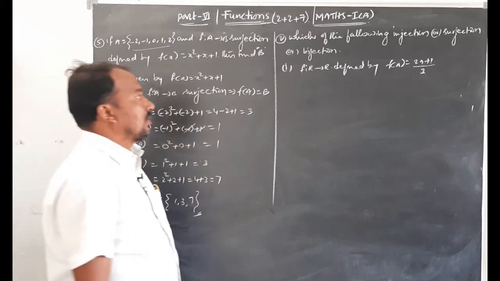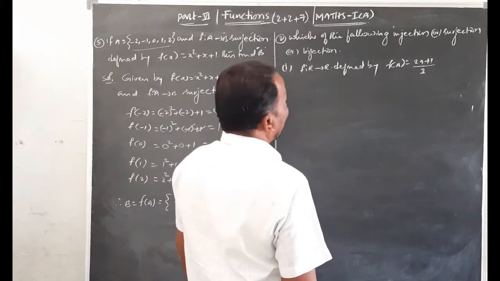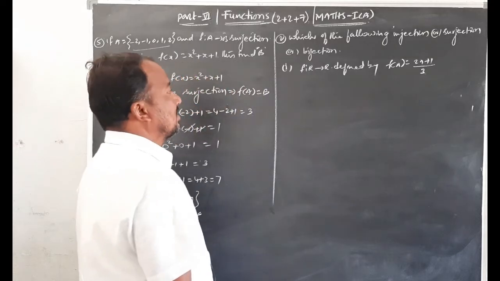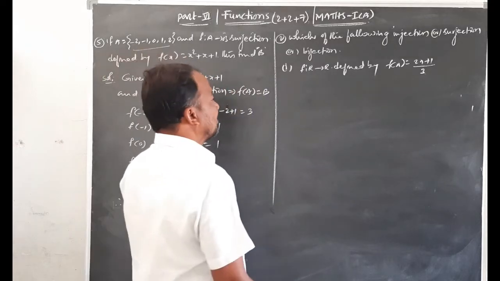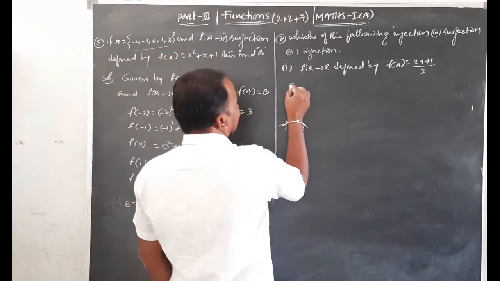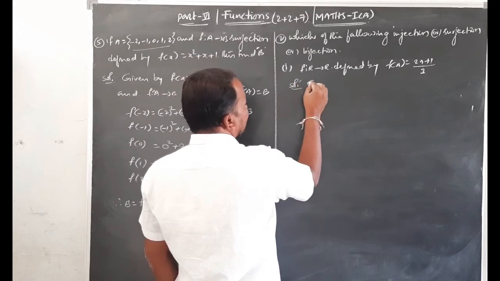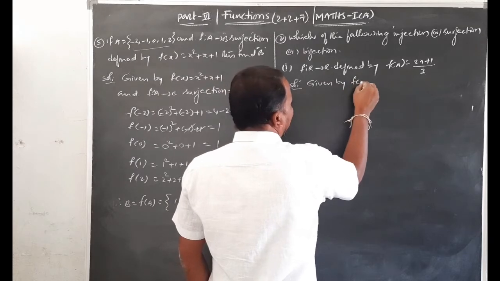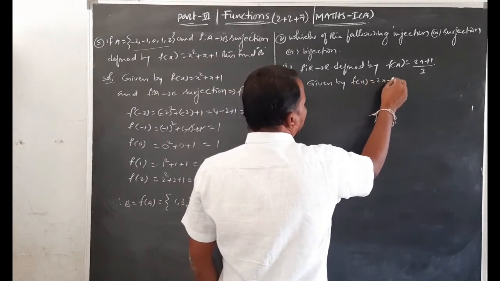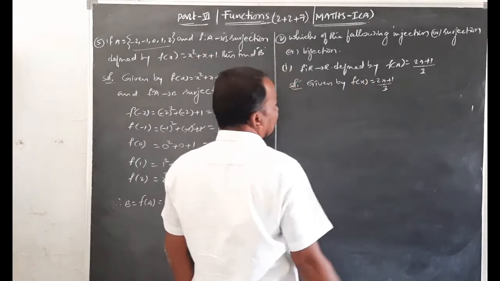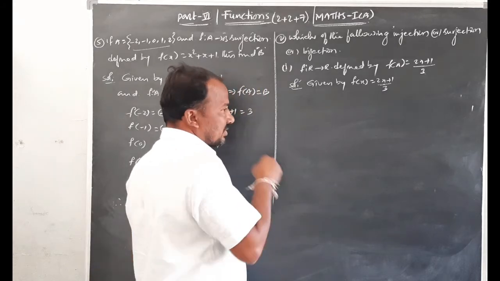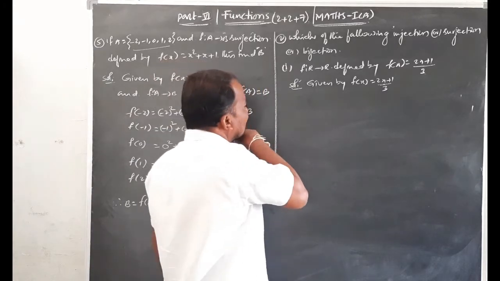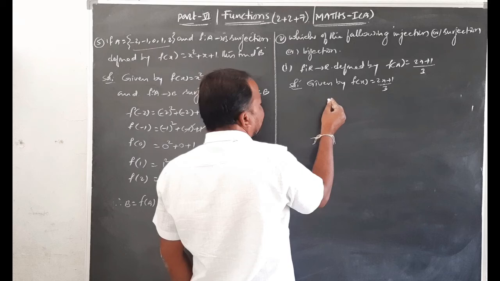Which of the following is an injection, surjection or bijection? Justify. The given function is f of x equals 2x plus 1 by 3. First, justify the injection.